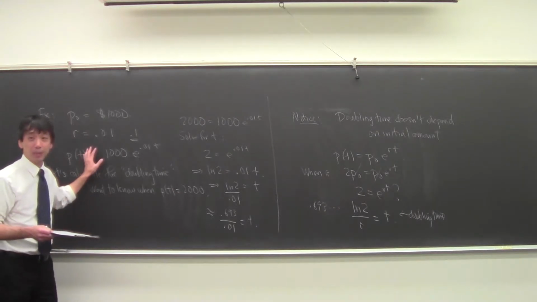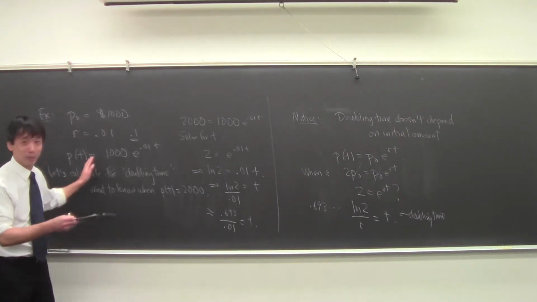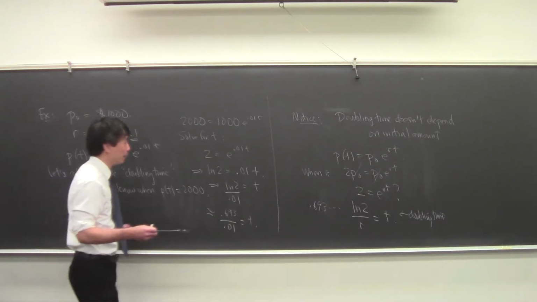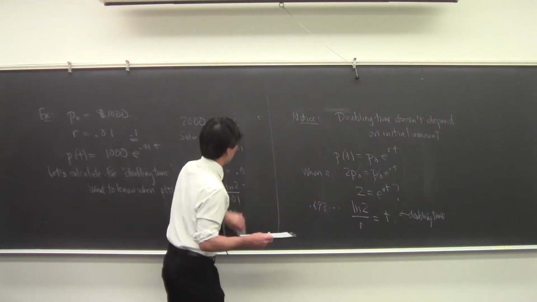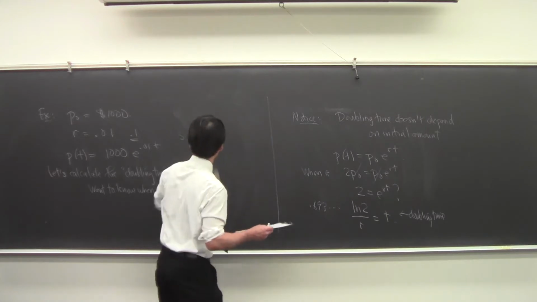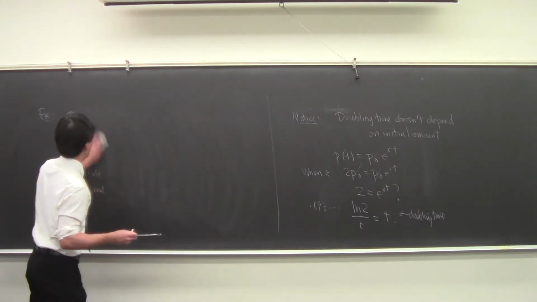I don't want to spend too much time on it, so I'll just talk about the doubling time. I'm sorry, let me just give one example of what's called the half-life.